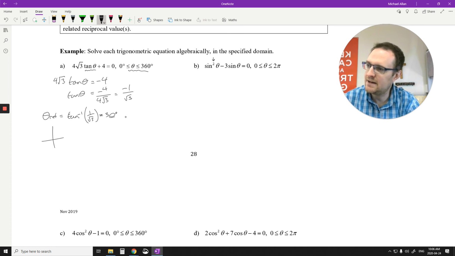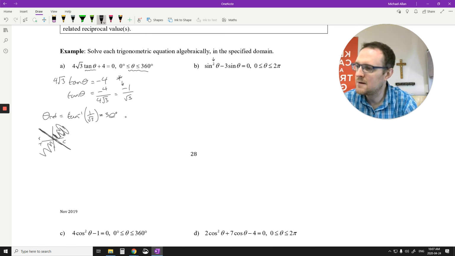Where is tan negative? Because that is important for this question, though. You ignore it for the reference angle. You still need to determine which quadrants you're in. So we're not in the first quadrant, and not the second, sorry, third quadrant. But we're in the second and fourth quadrant.